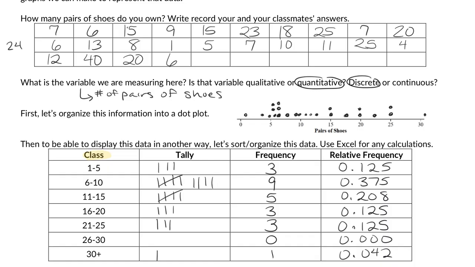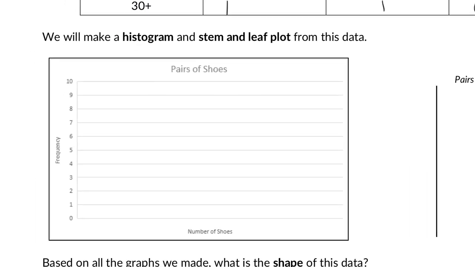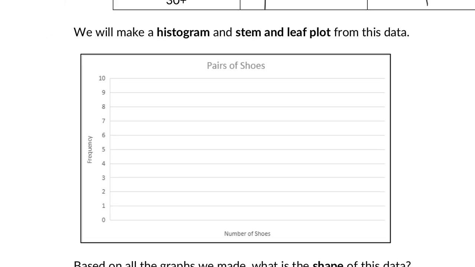Both qualitative and quantitative data can be represented with frequency and relative frequency tables. However, quantitative data is no longer going to be shown in a bar graph, especially when we're using classes. Instead, we are now going to display them in what's called a histogram. It looks like a bar graph, but it is technically different.